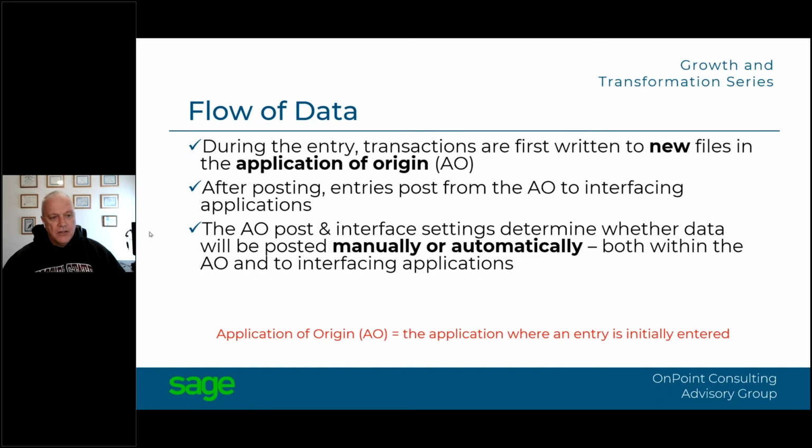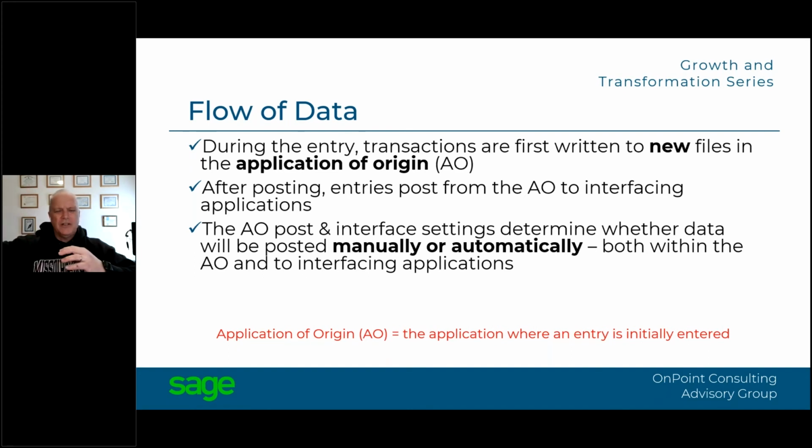All right. This next one here, we get a lot of calls on also. The post and interface settings determine whether those files that landed in GL and job cost post automatically or manually. A lot of people, and this is what we recommend, do it all automatically, so that when AP posted and went from new to current, it sent transactions to GL.